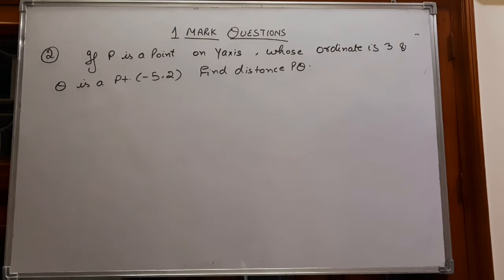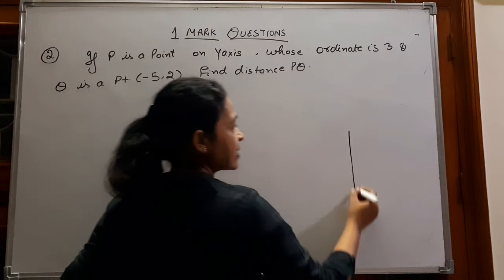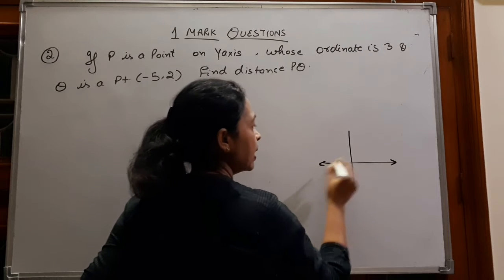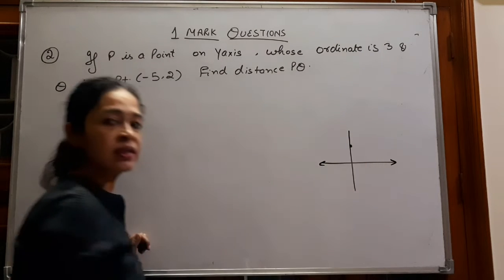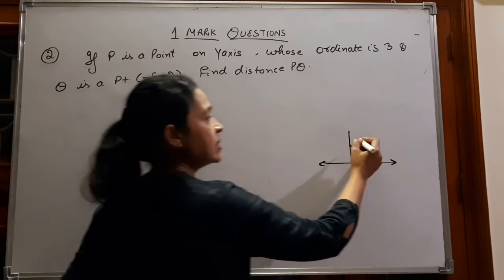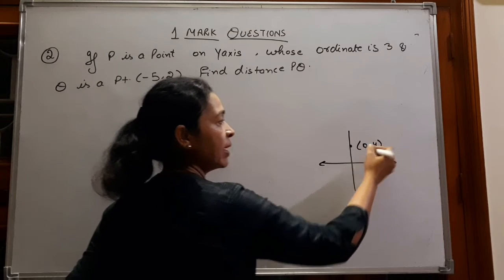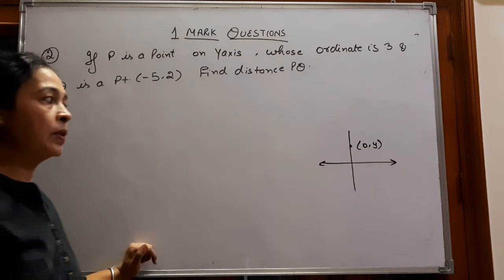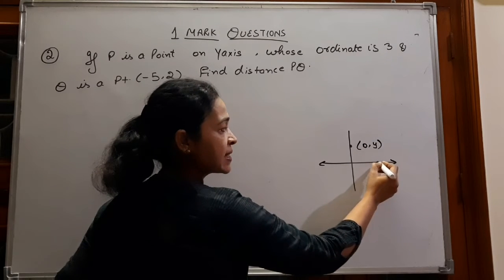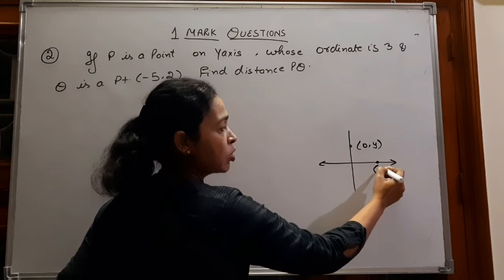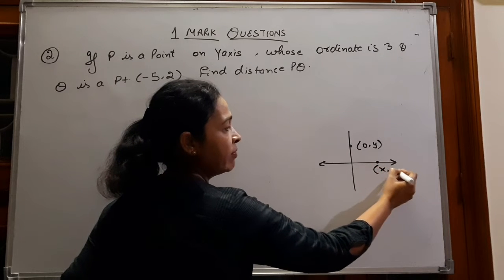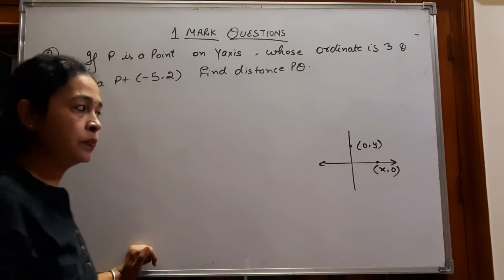If P is a point on y-axis whose ordinate is 3, any point on y-axis, what does this mean? Any point on y-axis means the x-coordinate is 0 and we have y-coordinate some number. And any point on x-axis means the x-coordinate is some number and y-coordinate is 0.